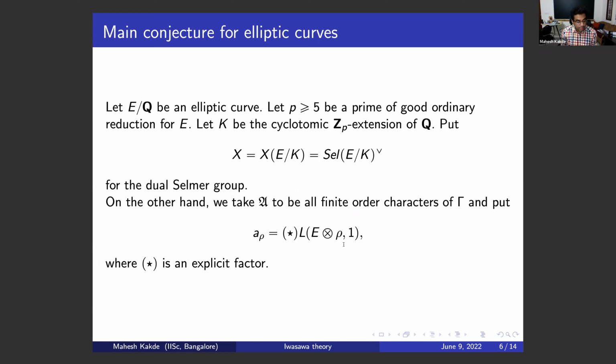So if Lambda is not the Iwasawa algebra of Z_p, but even if it's the Iwasawa algebra of Z_p times some finite group with order divisible by p, then we don't have such a clean statement for the structure theorem. Okay, we don't have this, and we would still like to formulate a main conjecture and then see what we can prove.